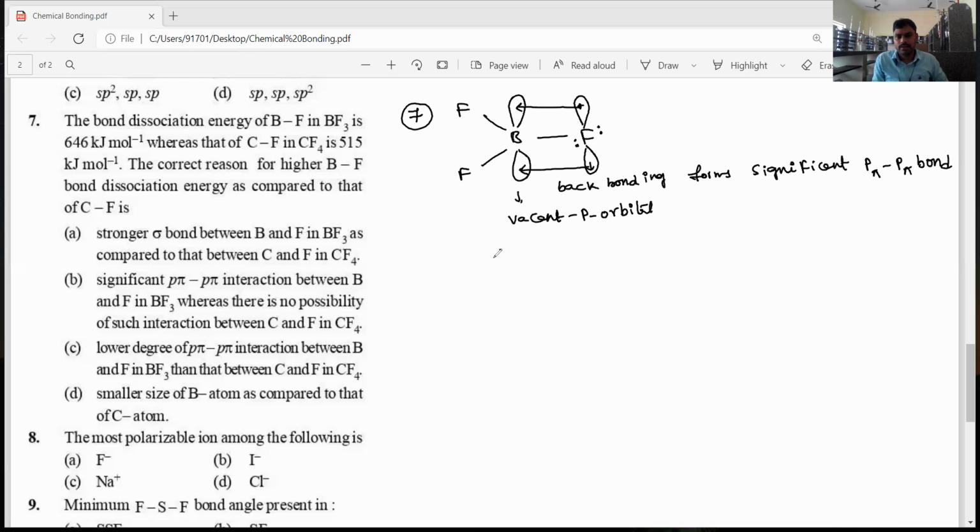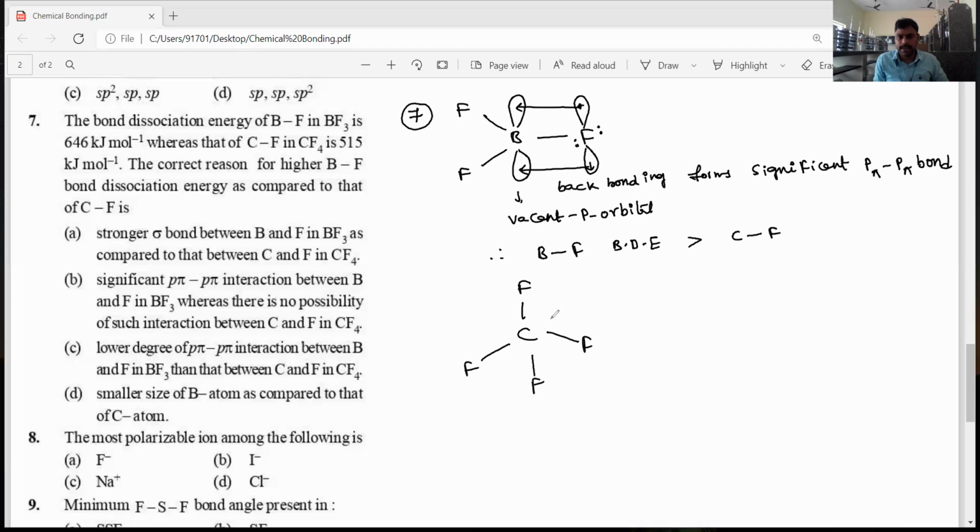That's why the boron-fluorine bond dissociation energy is more than the carbon-fluorine bond dissociation energy, because if you observe CH4, there is no vacant orbital.